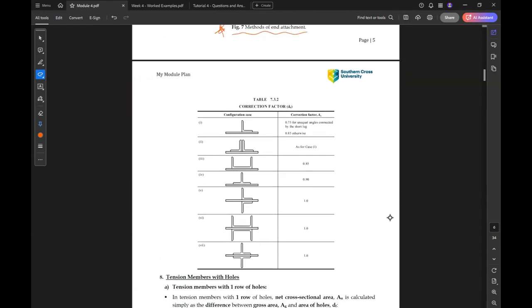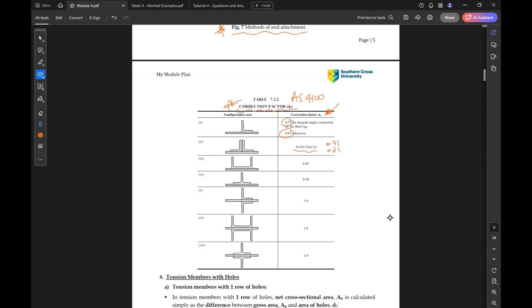And here, you can take the value of Kt from this table, from the Australian standard AS 4100. Depending on the configuration of the end connection, you can take the value of Kt from this table. So for unequal angles, Kt is 0.75, otherwise for angles 0.85. In this case, if you have two angles, take it similar to the first case, so 0.75 or 0.85.